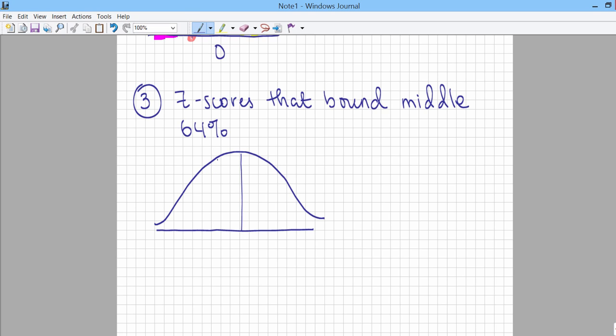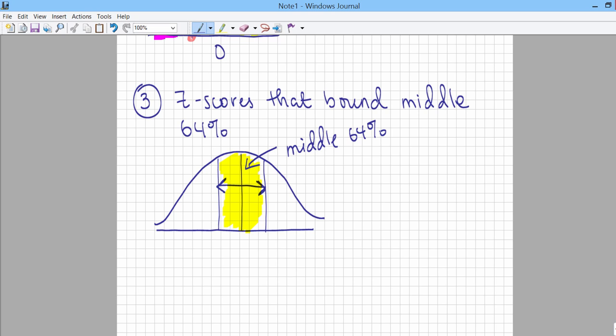It means these are my 64%, right? Okay, you just make a quick sketch. So middle 64% over here. That's my middle 64%.